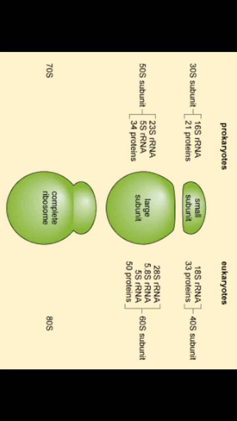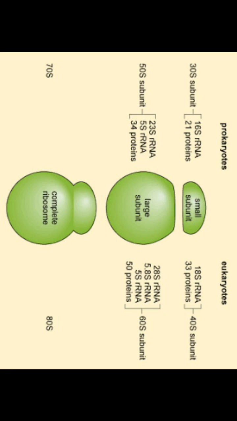In eukaryotic cells like muscle cell, bone cells, and sperm cell, etc., together as a complete ribosome they are known as 80S type of ribosomes. Understand?